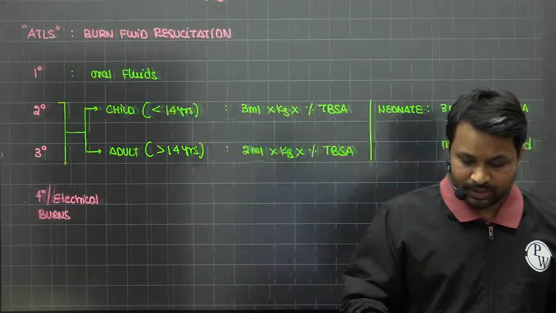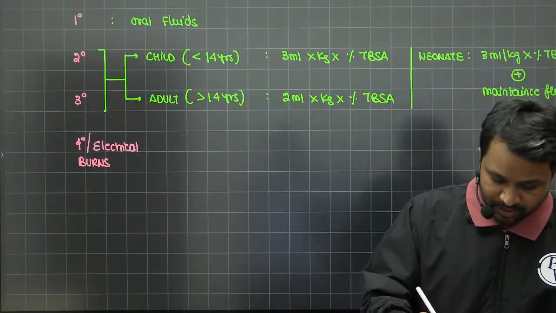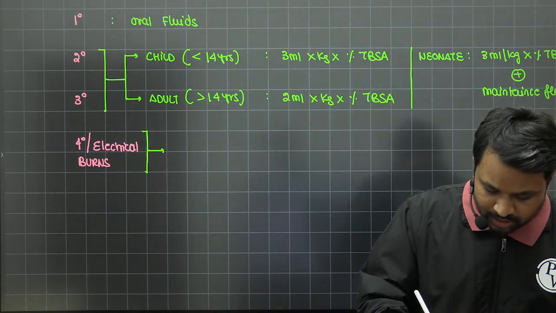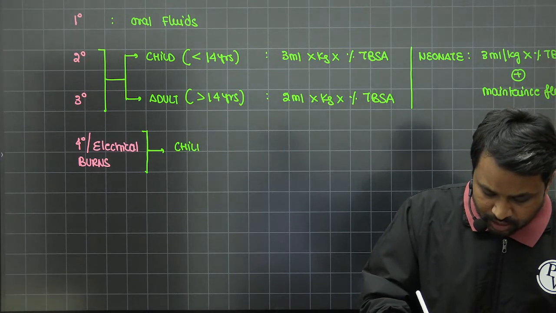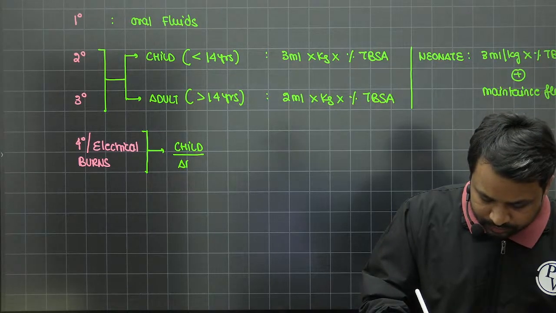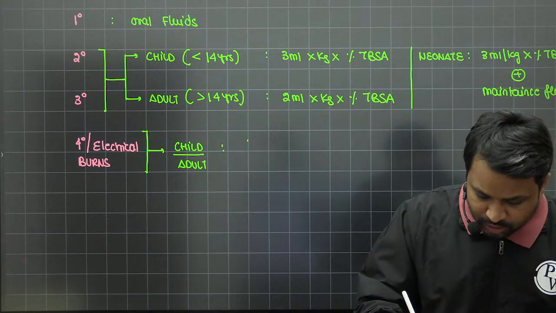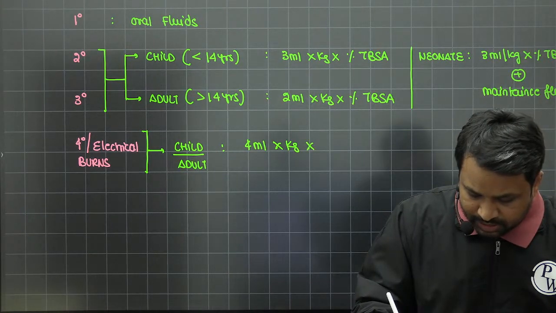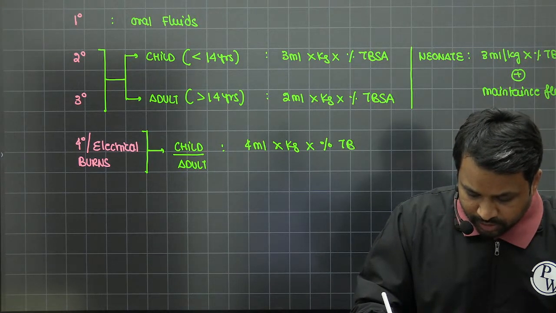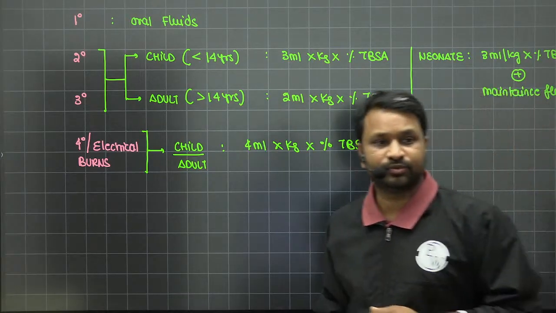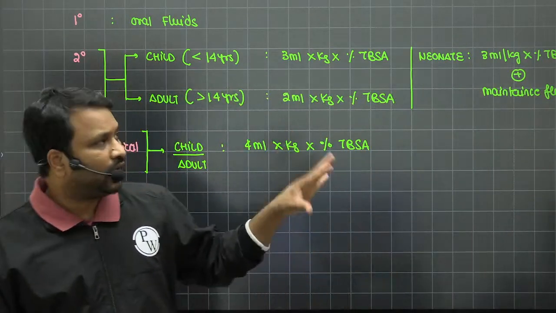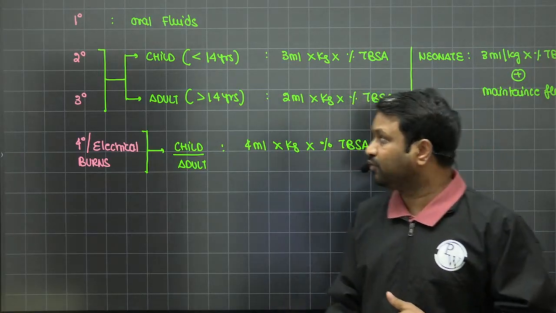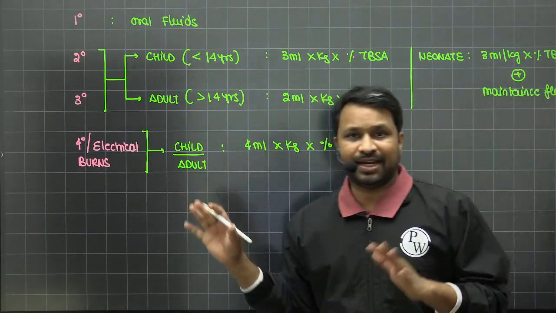So this is with respect to second degree or third degree burns. In a fourth degree or an electrical burn, no matter if it is a child or an adult, it has to be 4 ml per kg per percentage of total body surface area burnt, right? So these are the formulas that we are currently following for the resuscitation of burn fluids, especially when you look at the ATLS protocols.